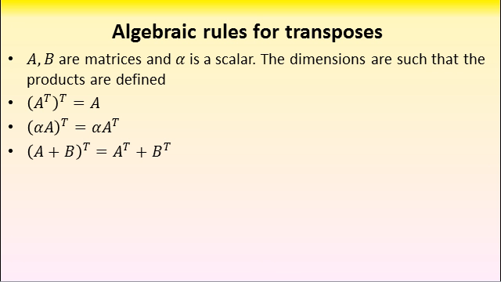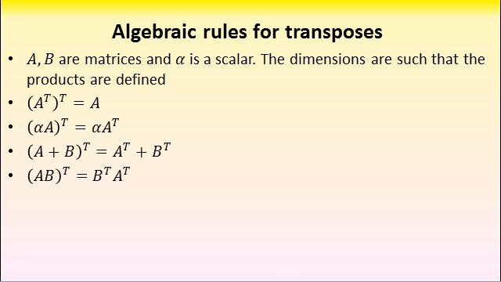And finally, perhaps the most important transpose rule, and maybe the one that's the hardest to remember, is the transpose of a product of two matrices. So if I do the transpose of A times B, that will be exactly the same as taking the transpose of B, multiplying that by the transpose of A. So note in particular that on the right hand side, the positions of A and B have been switched.